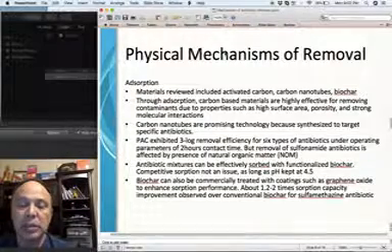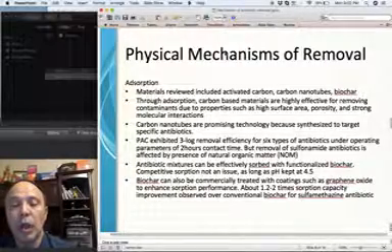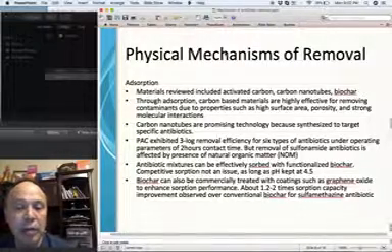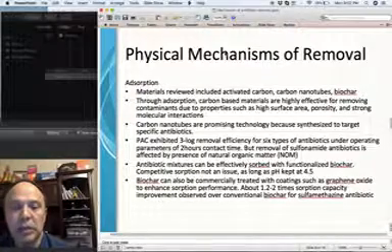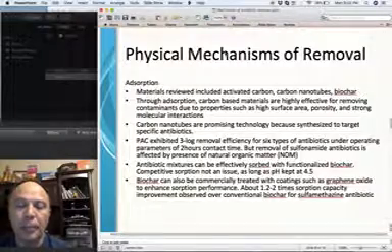And then PAC, which is short for powder activated carbon, showed 3 log removal efficiency for 6 types of antibiotics. And this was done under operating parameters of 2 hours of contact time. But removal of sulfonamide antibiotics was affected by the presence of natural organic matter, NOM.